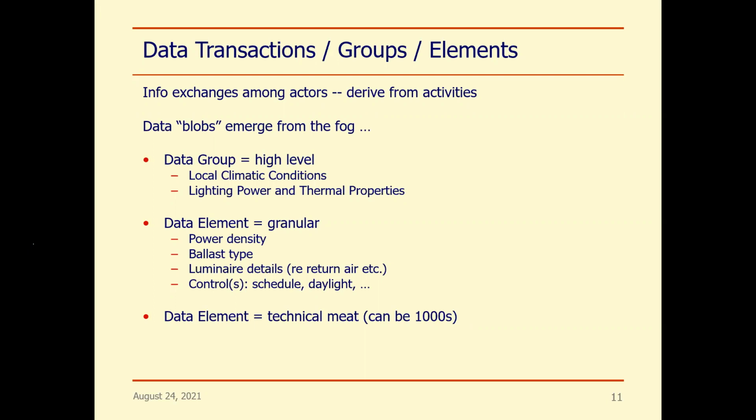And then within those, you start identifying data elements, which are very granular, like power density, ballast type, luminaire type, et cetera, that gets very detailed. And the data elements are kind of the technical meat down at the bottom, and there can be thousands of those, obviously, in any reasonably complex activity. But thinking through the data exchange needs allows you to start identifying and enumerating and describing those.